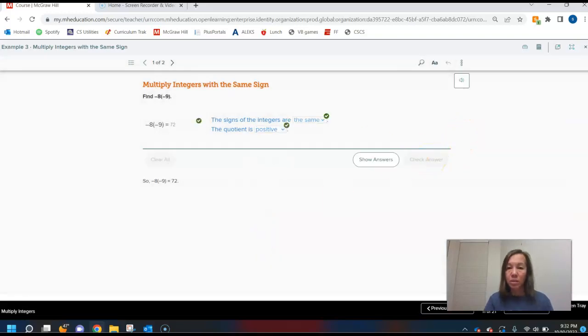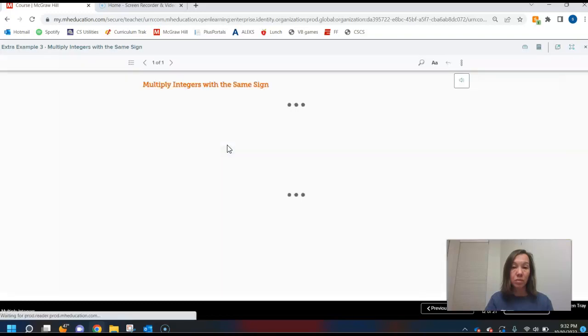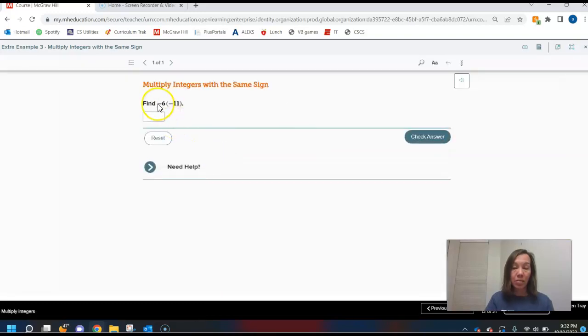So we've got all those there. So if they have the same sign, then the answer is going to be positive. So a negative times a negative, they both have the same sign. This will be positive 66.